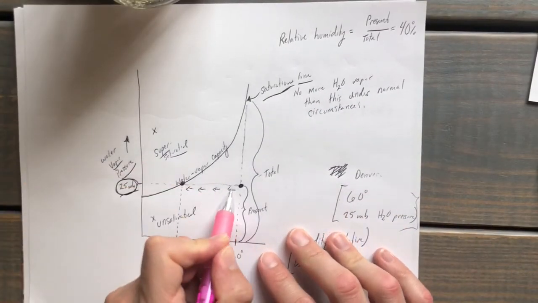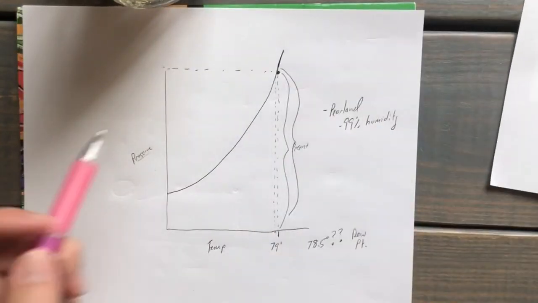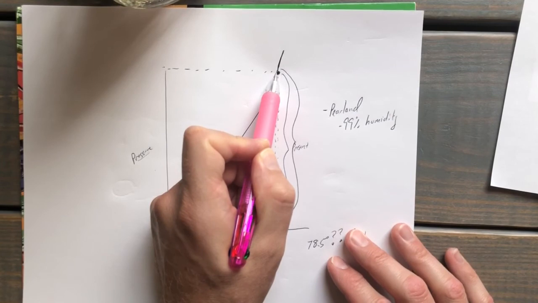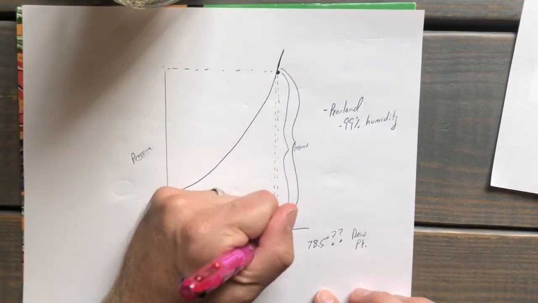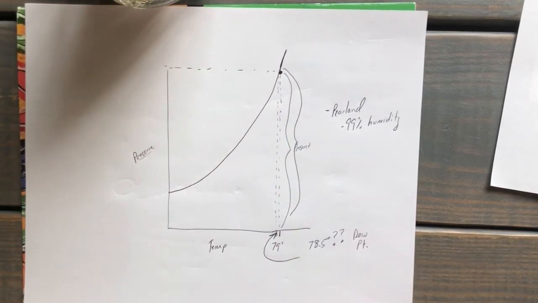Because of the same thing. Remember, we went to the left until we encountered the line. In this case, we go left to encounter the line, and we didn't have to go too far. I'm making these numbers up, but I'm showing you the basic techniques that you would use.